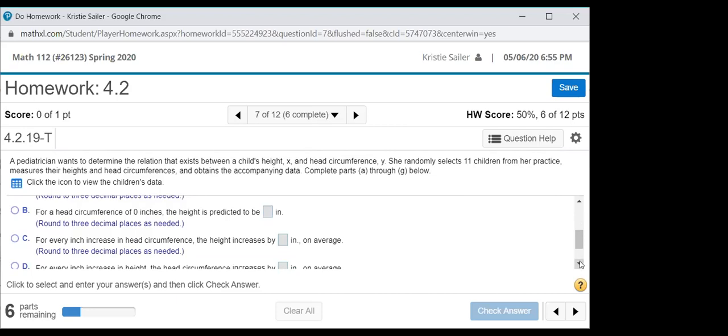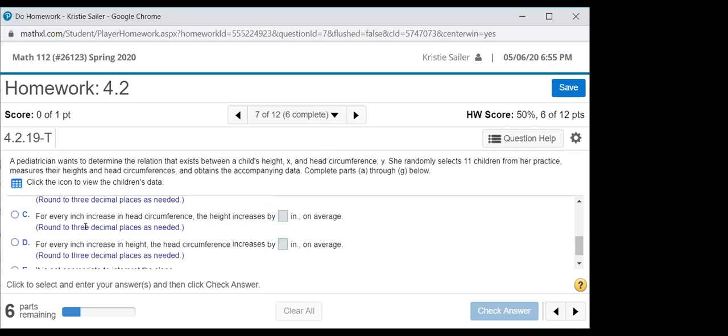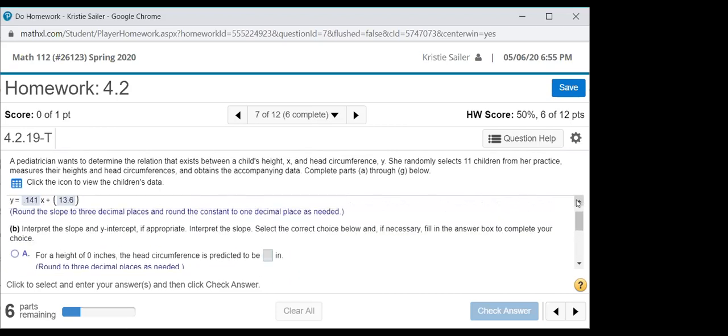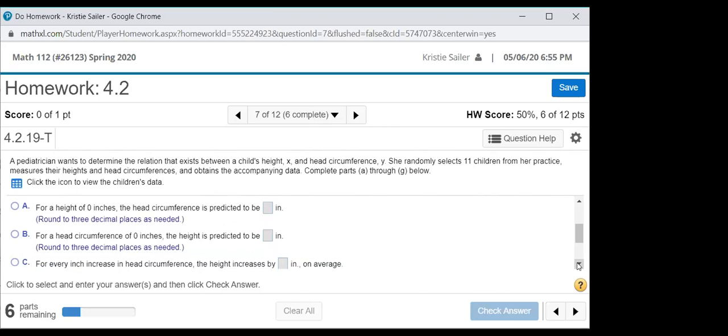But don't we answer for every inch of increase in height? What is the actual question asking? It's saying to interpret the slope and y-intercept. So when you interpret the slope, you say for every 1 unit increase in whatever X was, the head circumference.